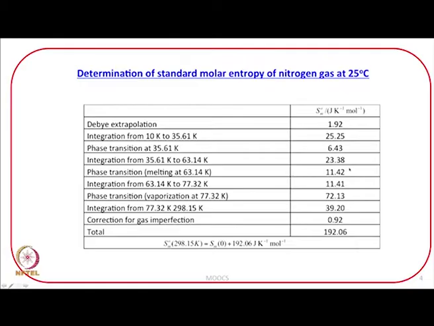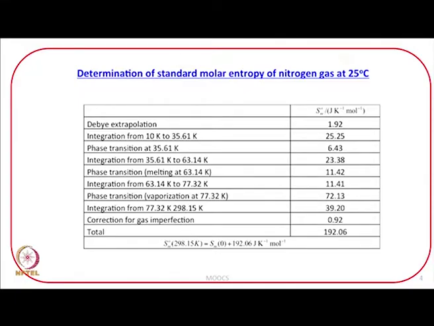Then phase transition contribution is 11.42, further integration 11.41, again there is a phase transition vaporization 72.13, then further integration up to 25 degree Celsius 39.20, and there is a correction for gas imperfection required, which is 0.92 joules per Kelvin per mole.